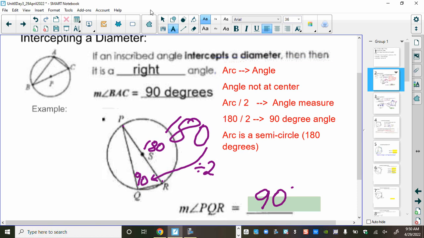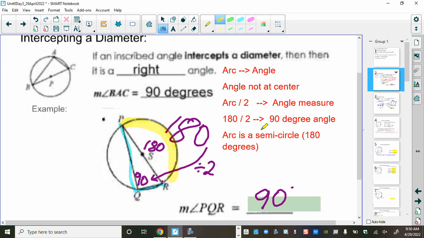Your angle from the semicircle. Semicircle 180, angle has to be 90. So that was basically the general goal from last time. Arc, divide by 2, you get your angle measure.